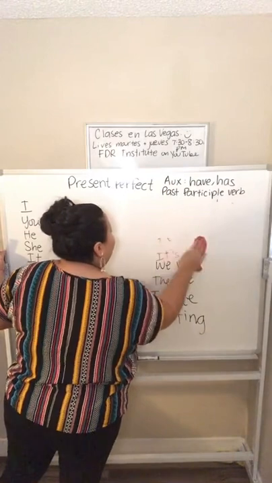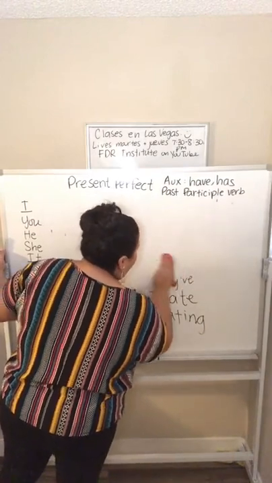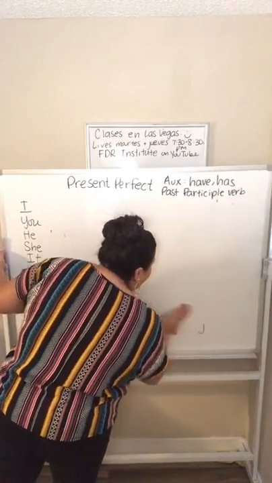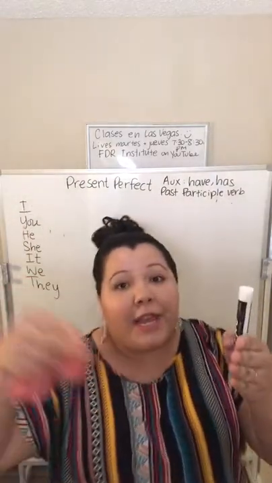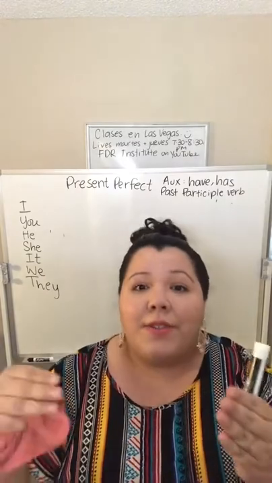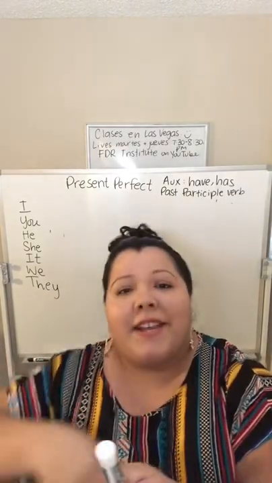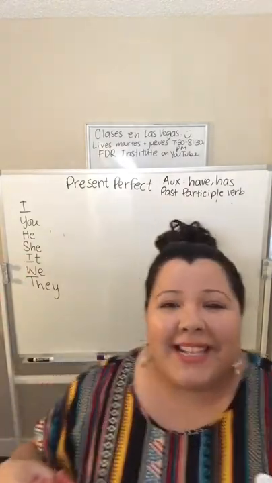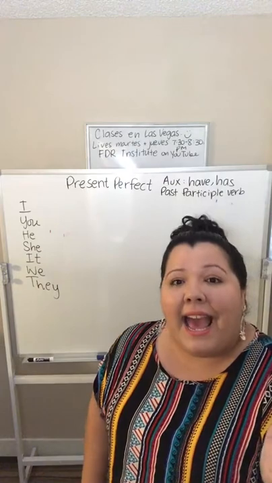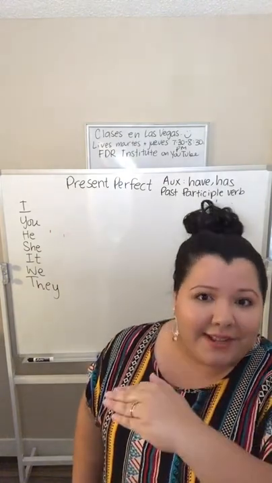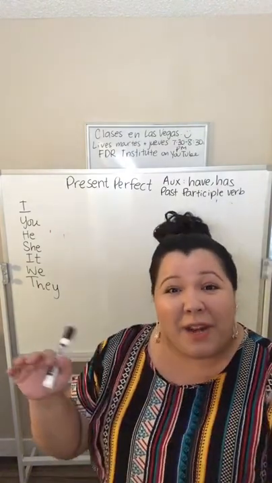Okay, este tiempo que estamos estudiando es el presente perfecto. Lo utilizamos para hablar de cosas que hemos hecho durante un periodo que todavía no se ha completado. So, lo que se ha hecho hoy, esta semana, este mes, este año. Guys, no digan I have worked yesterday, es un error común.